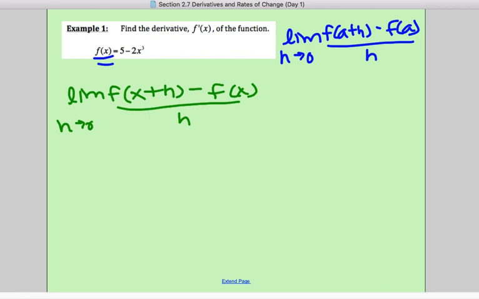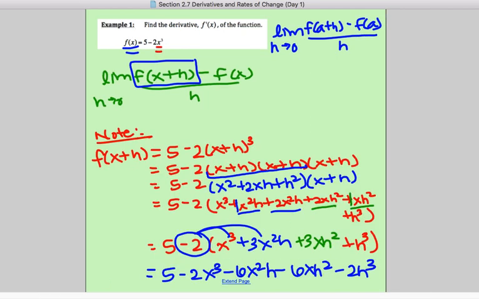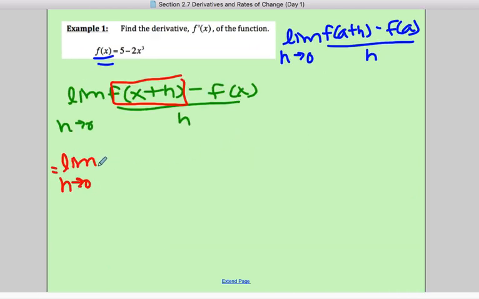Okay, so just retaking my slide from before, I will have equals my limit as h approaches 0. We just found this on the previous slide, so I'm going to rewrite this piece right here. We got 5 minus 2x cubed minus 6x squared h minus 6xh squared minus 2h cubed.